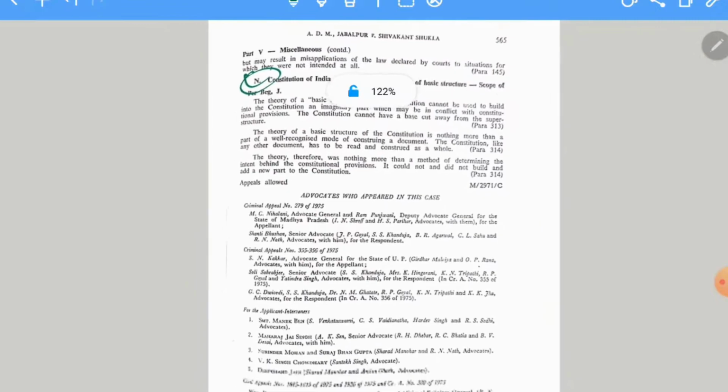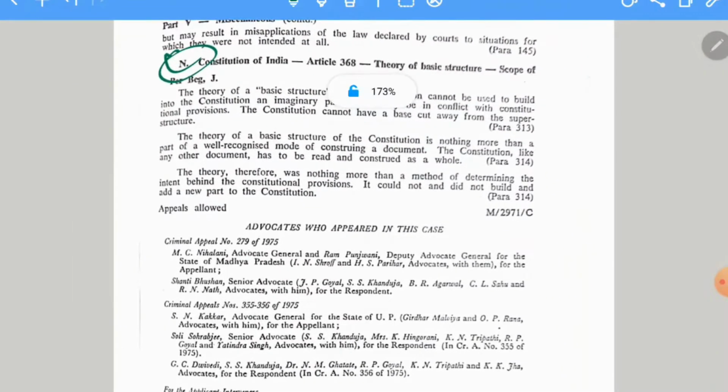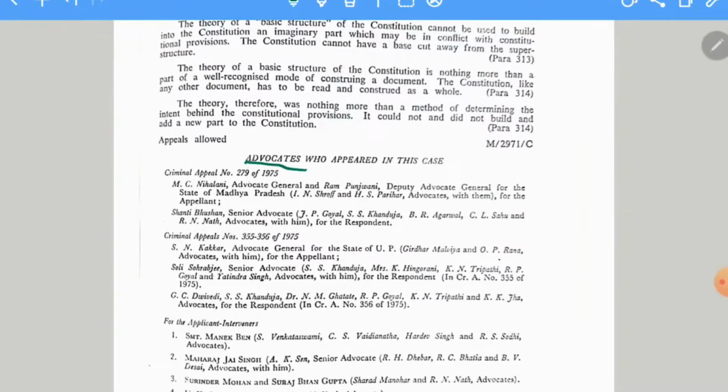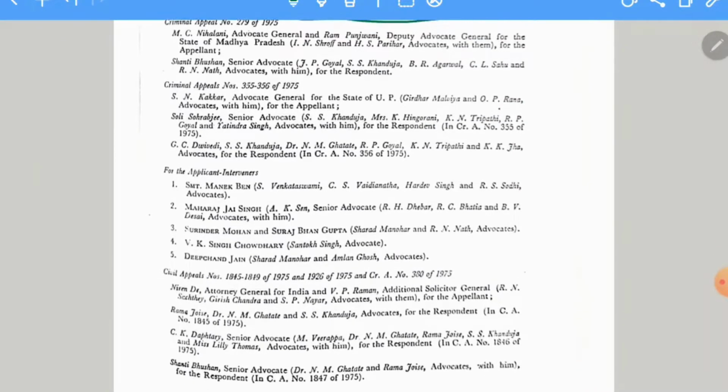After these catchwords, you can find the names of the advocates who appeared in this case. Here you can see who appeared from the side of the applicant: Srimati Menak Ben. Maharaj Jai Singh appeared on the side of the state.